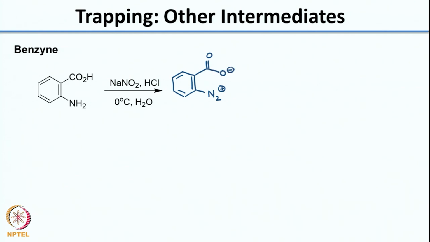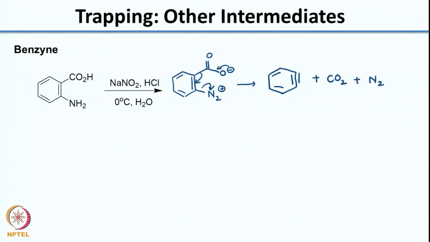Now, once you generate this zwitterionic intermediate, you can then imagine these electrons coming in and forming the benzyne, and once you form the benzyne, you would need to figure out a way to trap the benzyne.